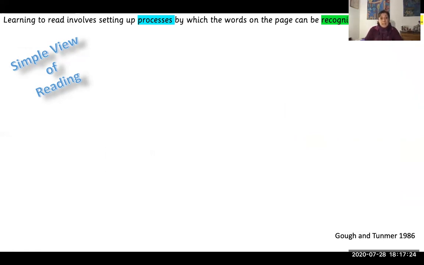That is a concept that appeared in the hands of Gough and Tunmer in 1986 to end the wars of reading, where they say that reading and, reversibly, writing involves two processes really.